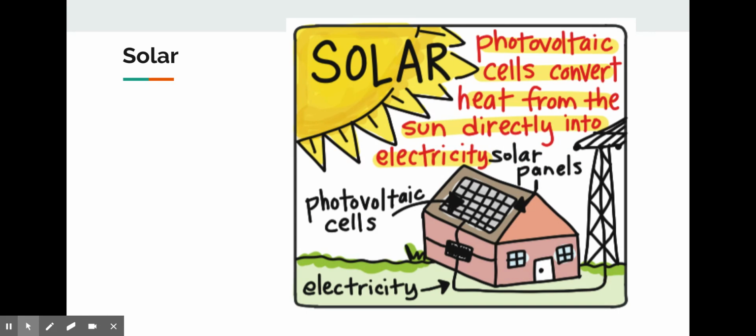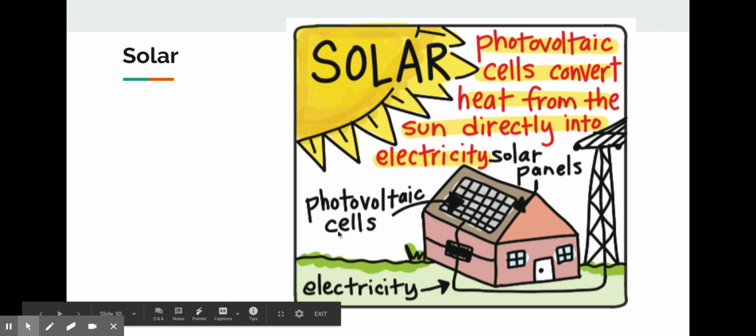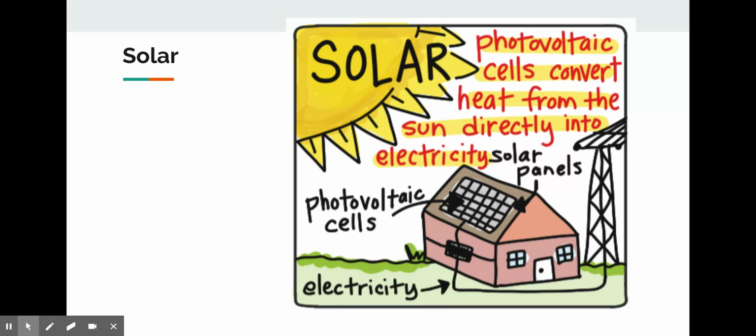Then we have solar. With solar power, photovoltaic cells convert heat from the sun directly into electricity. The photovoltaic cells are inside of the solar panels, which, yes, sometimes we do see on the sides of houses, but they also can just be in open fields and spaces, right?